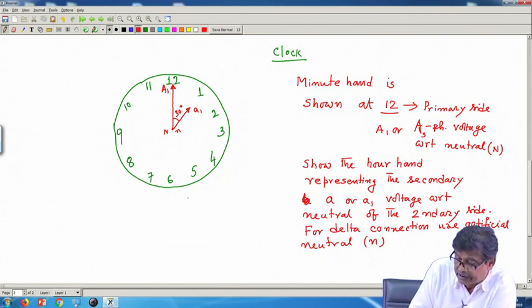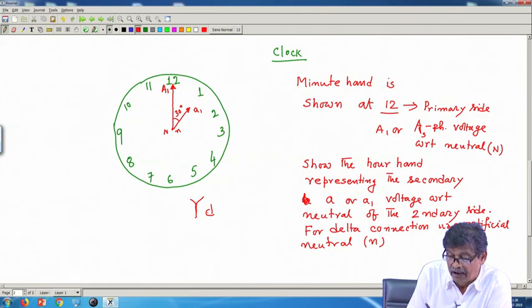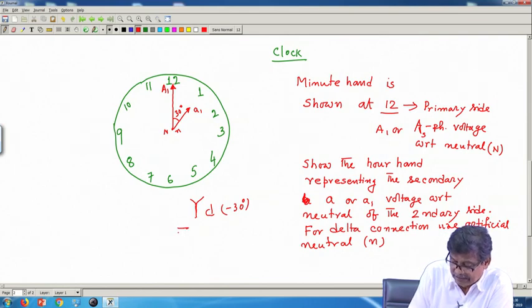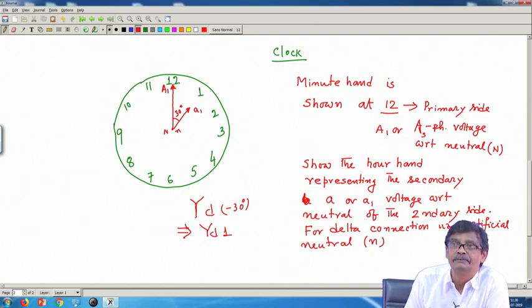Then I will write it as primary star connected Y, secondary delta connected D. Earlier I wrote it as minus 30 degree on the previous page. This is the same as Y D 1, that is the time is 1.